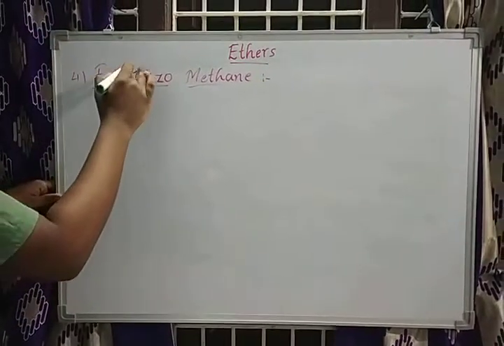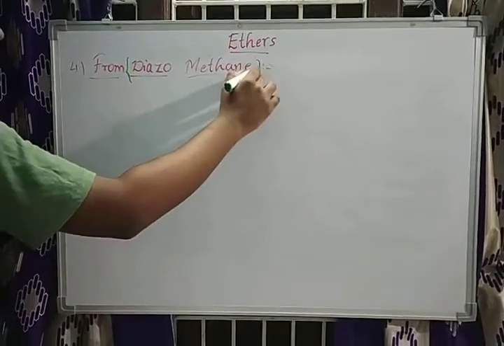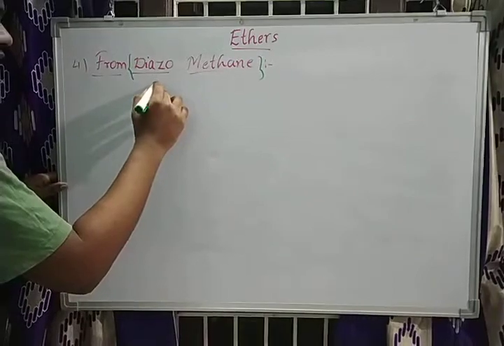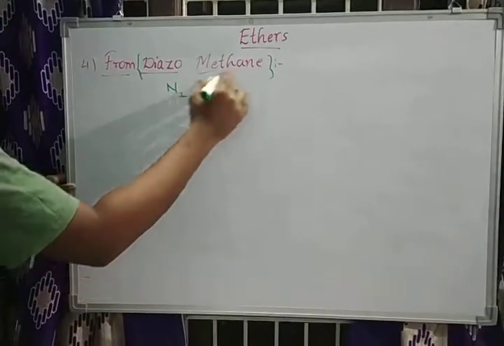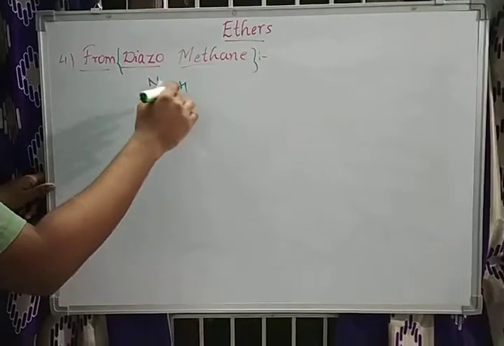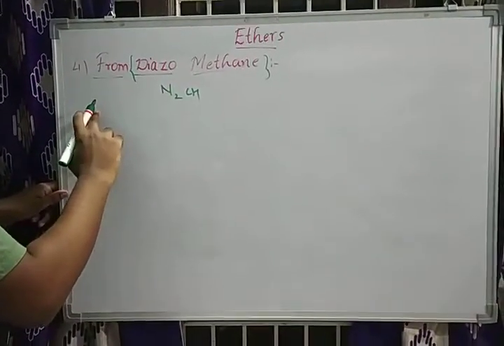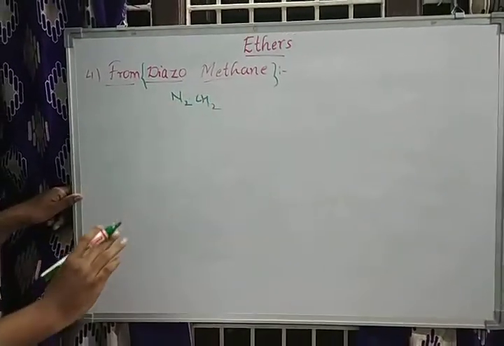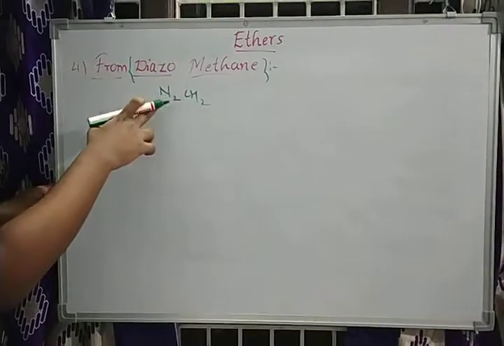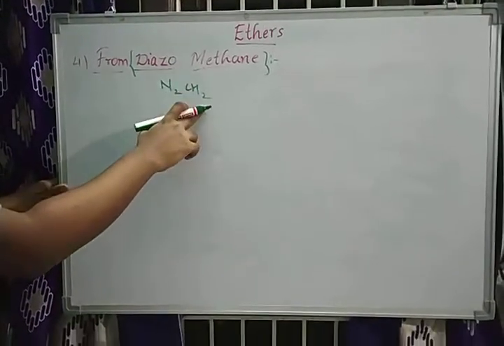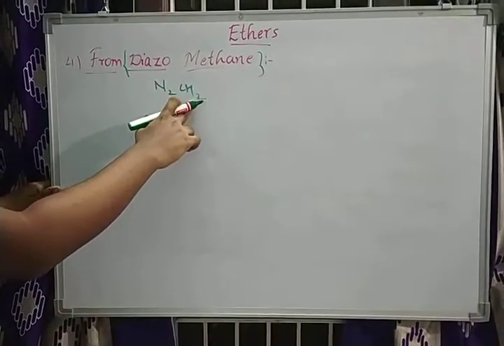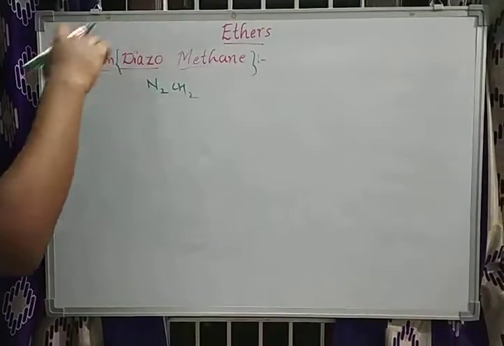Okay. The fourth preparation is from diazomethane. Many members have a doubt, what is diazomethane? Diazo, azo in the sense nitrogen: N2 and methane. CH3 would be the formula, but one bond will be occupied by the N2, so that's why CH2. Two bonds will be occupied by nitrogen, and the remaining two by hydrogen, along all four sides of carbon.